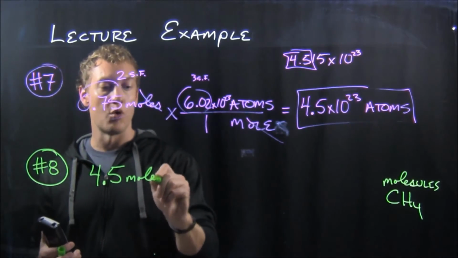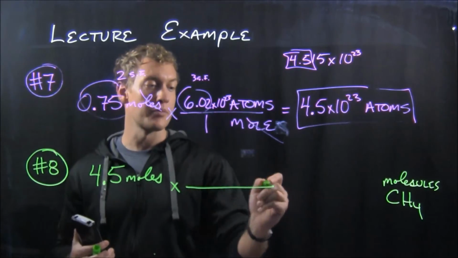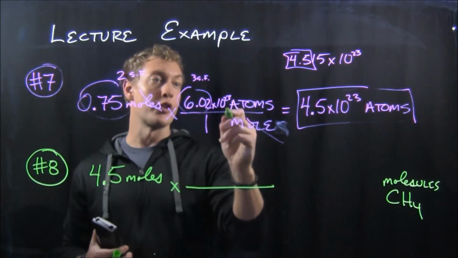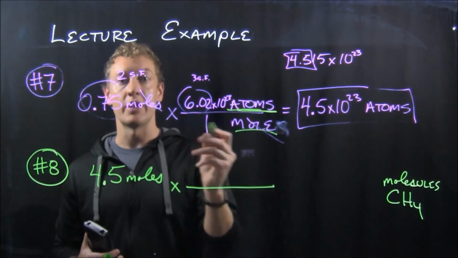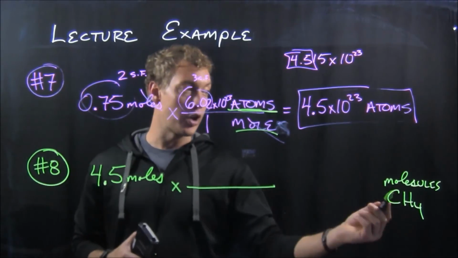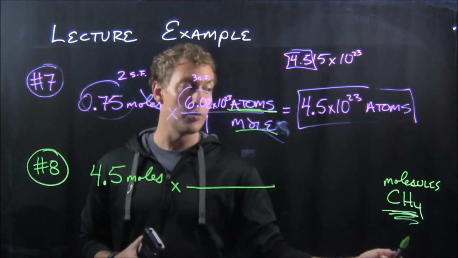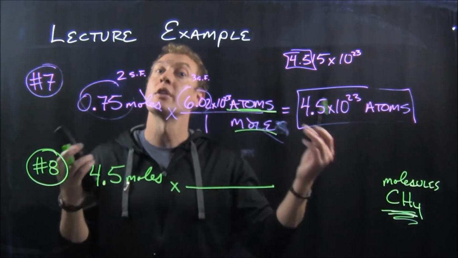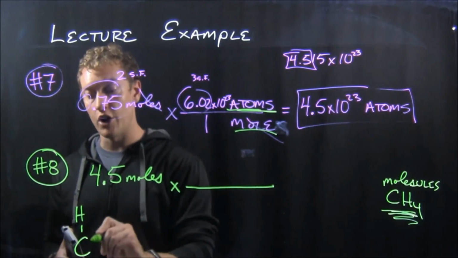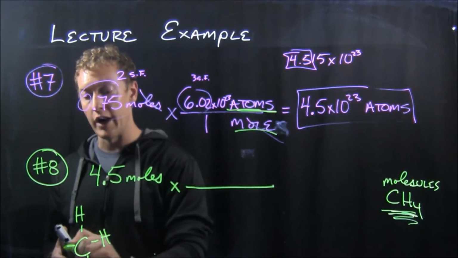4.5 moles times. Now before we said that there were 6.02 times 10 to the 23rd atoms in 1 mole because we were talking about aluminum, which is an element. Here we're talking about methane, which is a covalent compound. It is molecular. It is comprised of a carbon bonded to 4 hydrogens.